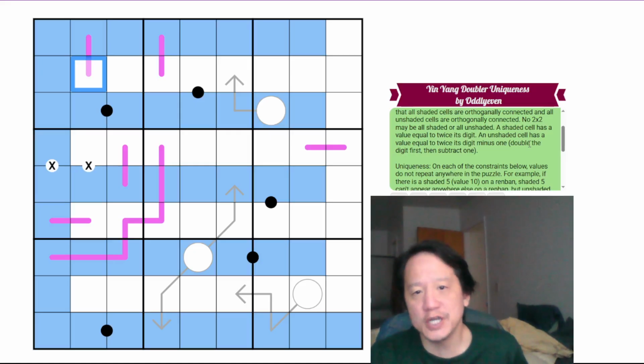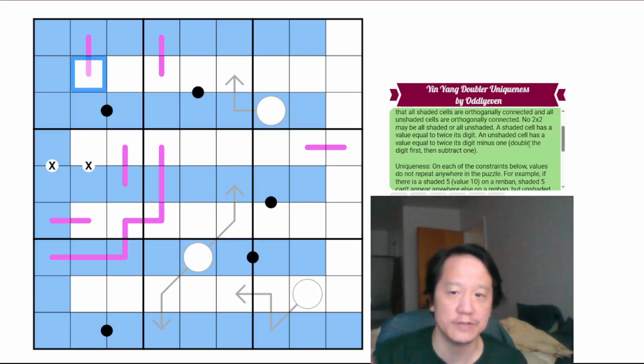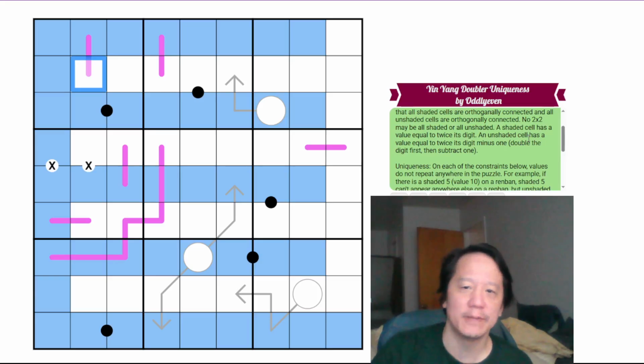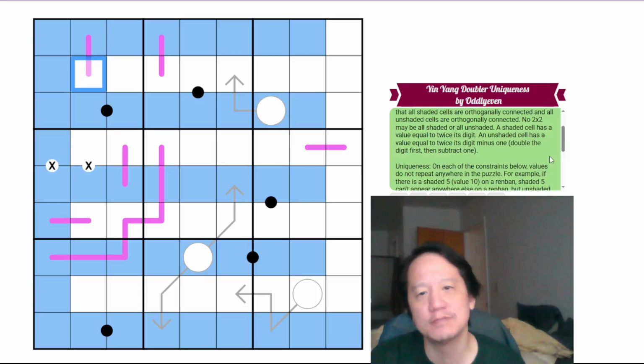Now, a shaded cell has a value equal to twice its digit. An unshaded cell has a value equal to twice its digit minus 1. So in other words, double the digit first and then subtract 1.